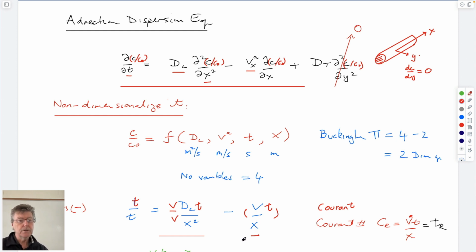So what we could do is multiply all the terms here by time. We could also multiply this term, if we wanted to, by 1, which is just velocity over velocity.